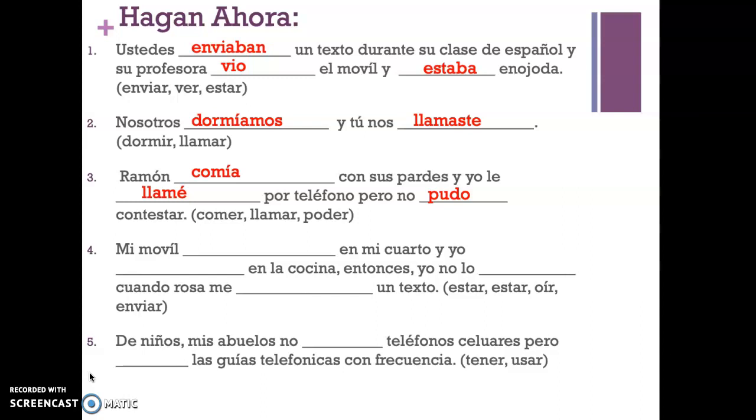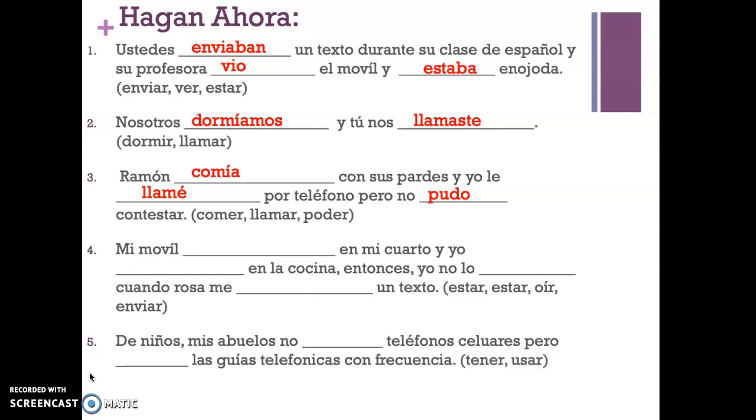Look at number 4. Mi móvil estar en mi cuarto y yo estar en la cocina. Entonces, yo no lo oír cuando Rosa me enviar un texto. My phone was in my room and I was in the kitchen.